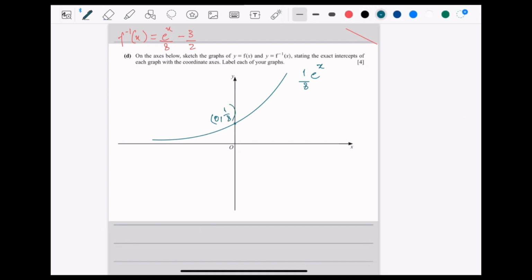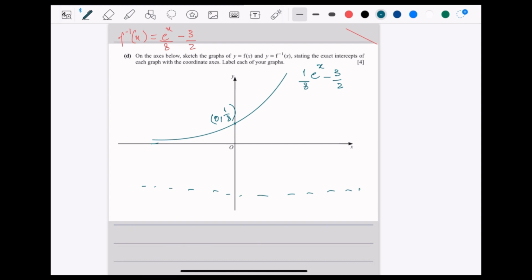Now if I write negative 3 over 2, by default the asymptote was y equals 0 or the x-axis. Now, moving 3/2 units down will give you this asymptote, and the graph had 1/8 units difference.